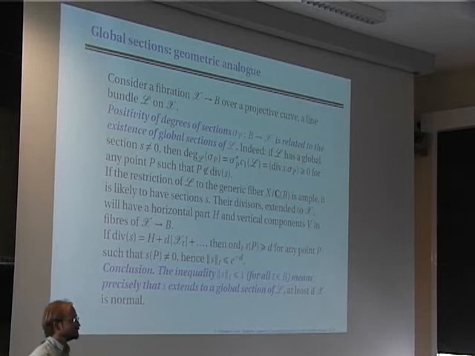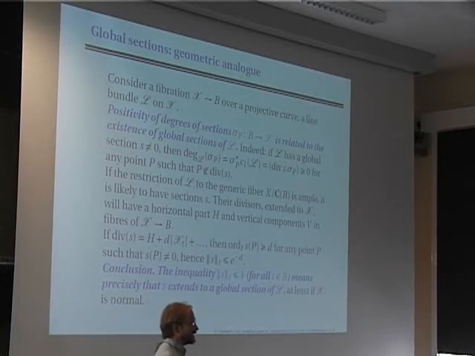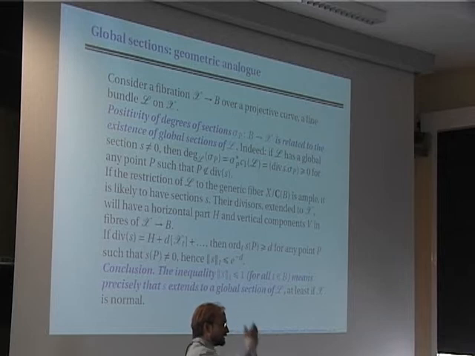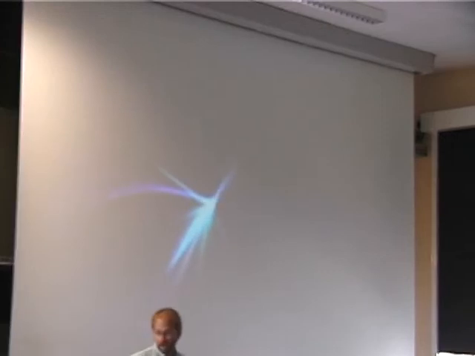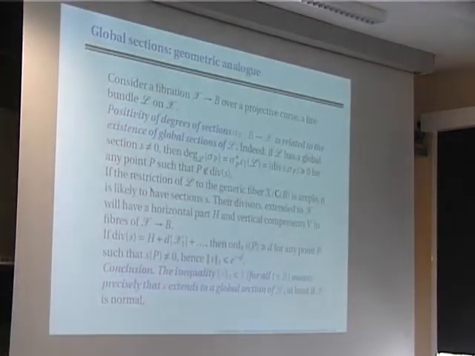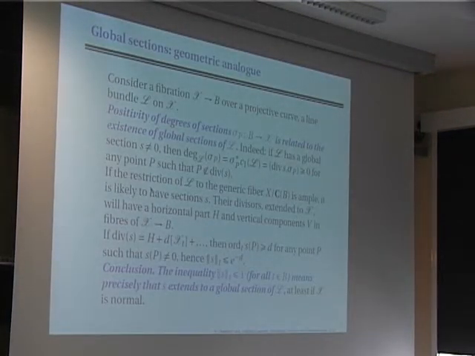But basically, this is what happens. So to detect the fact that a section on the generic fiber is integral, it means that it has norm smaller than 1. And if it extends to a global section, then I will have positivity for heights of points outside of the divisor. So I want to do the same in arithmetic geometry.